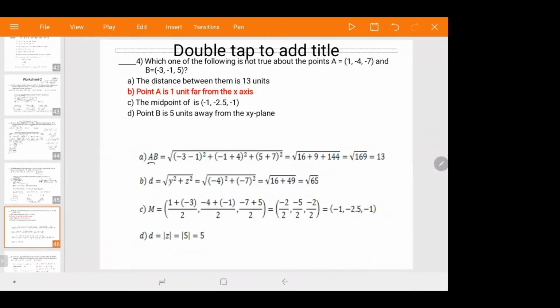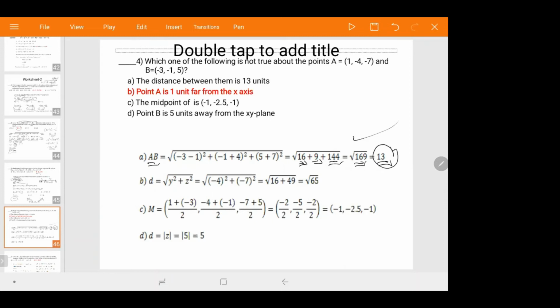The distance between A and B is the square root of change of x squared plus change of y squared plus change of z squared. (-3 minus 1) squared plus (-1 minus -4) squared plus (5 minus -7) squared. That is 16, 3 squared is 9, 12 squared is 144. The square root of 169 is 13. Therefore, the distance between A and B is 13 units. That is correct.